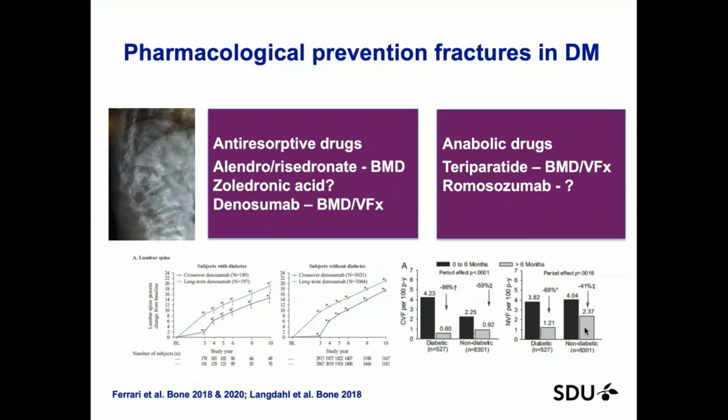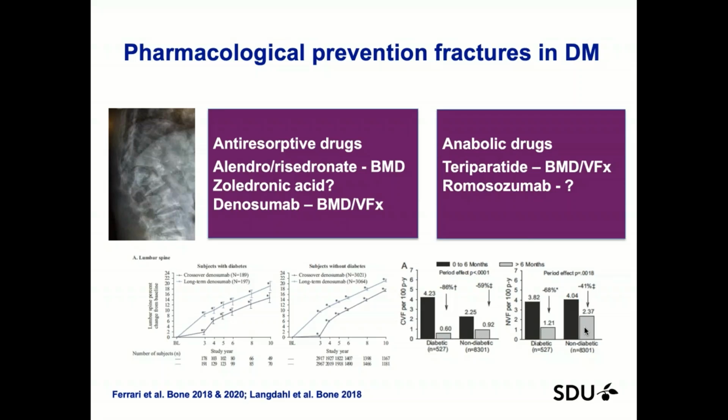When it comes to the other approach, we have the opportunity to use various anabolic drugs. Very recently, the number of drugs was increased in the European Union to 2 drugs, allowing us to use both teriparatide, the PTH analog, and romosozumab, which is a sclerostin inhibitor.